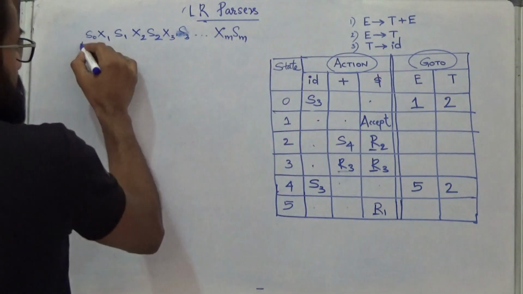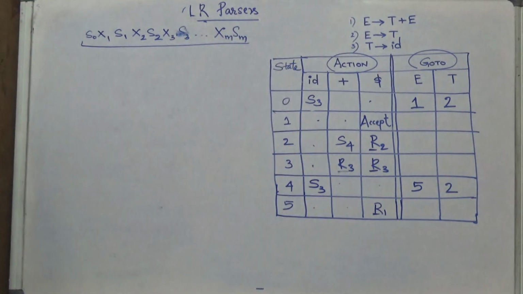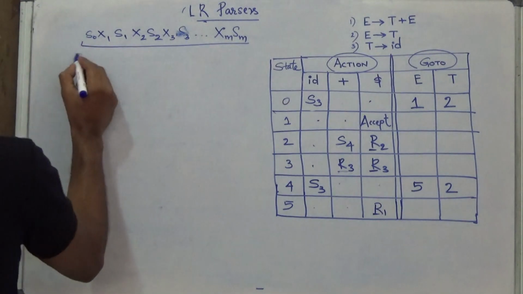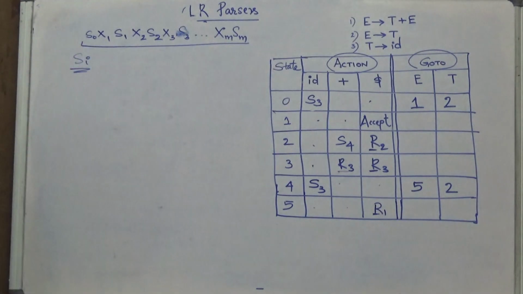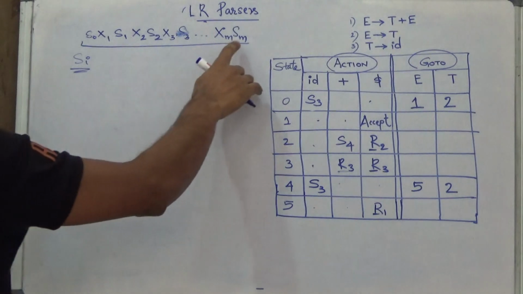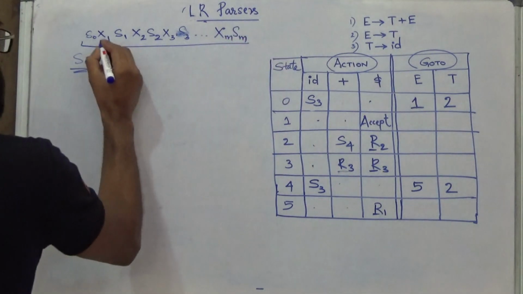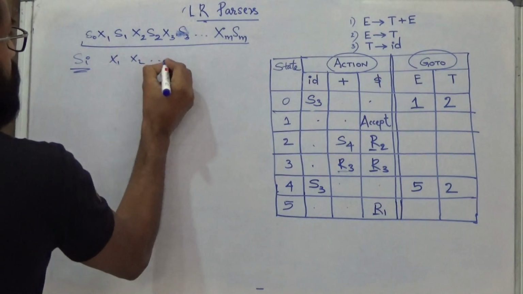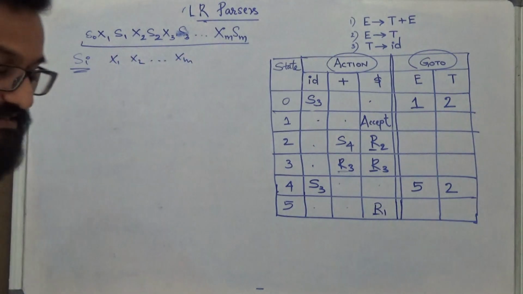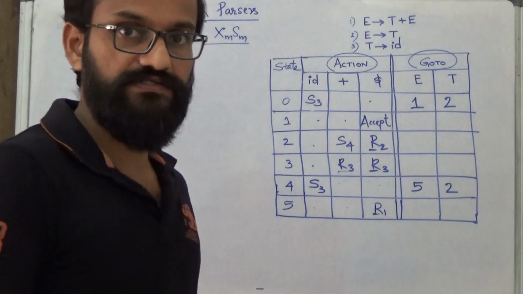So this will be the string in the stack at any particular instant. Here each Si represents a state. So S0 is a state, S1 is a state. At any point the stack top will be a state. And X1, X2, etc., Xm represent grammar symbols. They could be terminals or non-terminals.